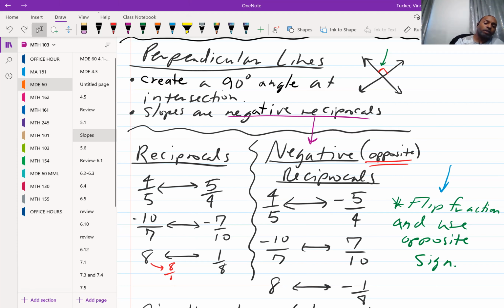If you have -10/7, the negative reciprocal is +7/10. And for 8, the negative reciprocal is -1/8. Once again, if you want the slope of a line that's perpendicular to another, you flip that fraction and then use the opposite sign.